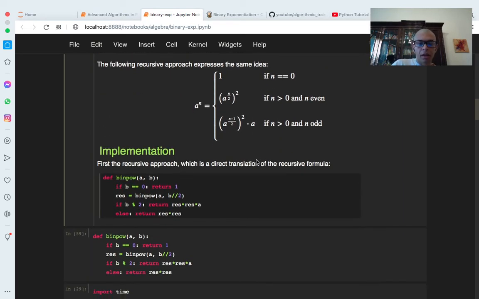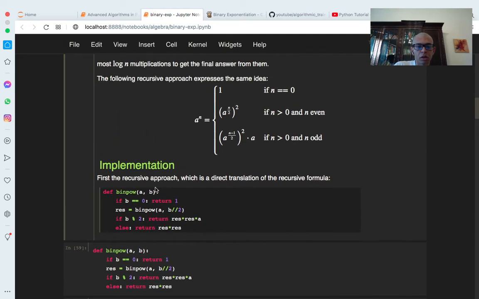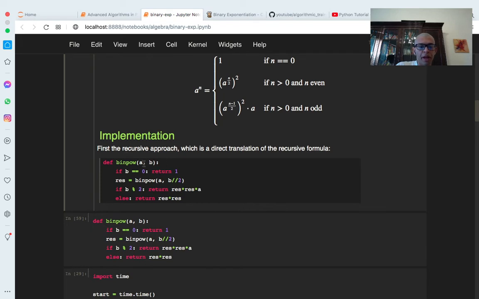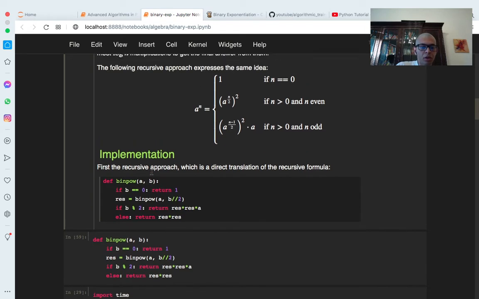Here we can have a first recursive approach that will just use this function. So we would have the bin power of a b. If b equals 0, we'll return 1. This is our first stopping condition.